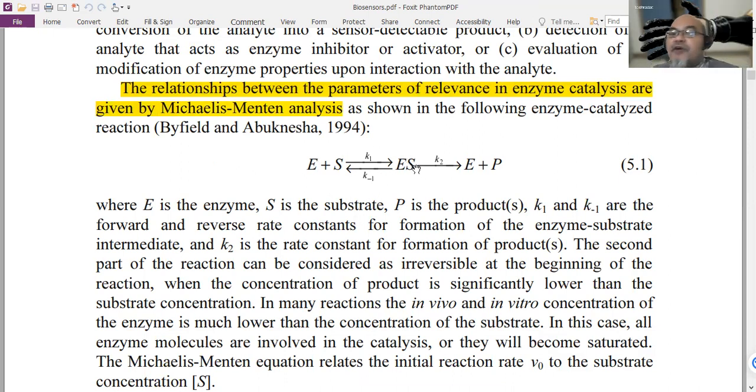From the enzyme-substrate complex, it may react with another reagent, and then become enzyme plus product with a constant of K2. So at the beginning of the reaction the enzyme stays intact alone, and at the end it also stays intact alone as enzyme.